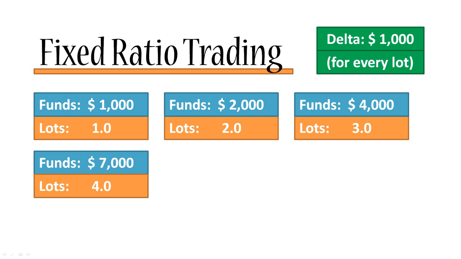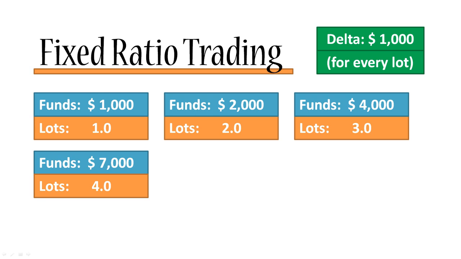Alright, let's do one more. So now we have 4 lots that we're trading with on our account. So all the transactions we're conducting are 4 lots each. And maybe 50 transactions later, maybe 3 weeks later, we get to the next step. Let's determine where that next step is. In order for us to progress to the next step, the 4 lots that we're trading with, every transaction, they have to increase our funds by 4 deltas.